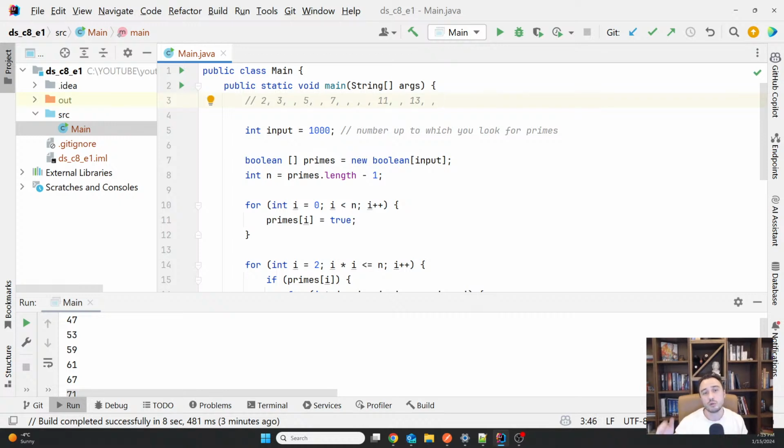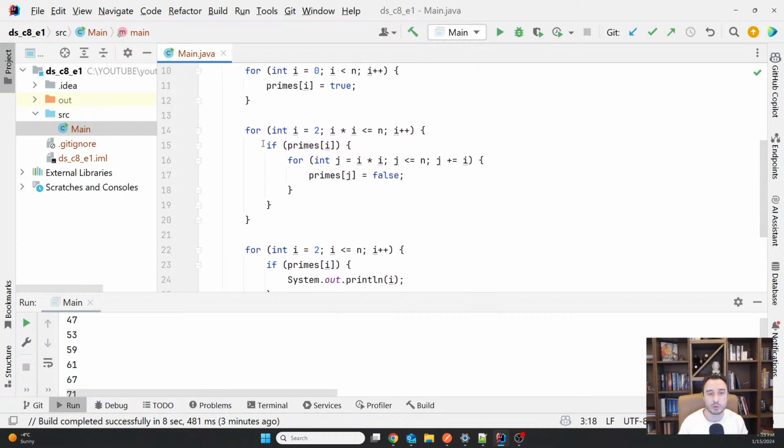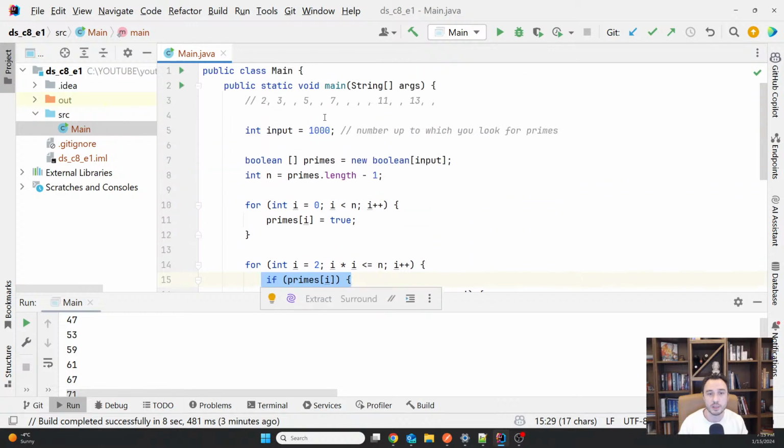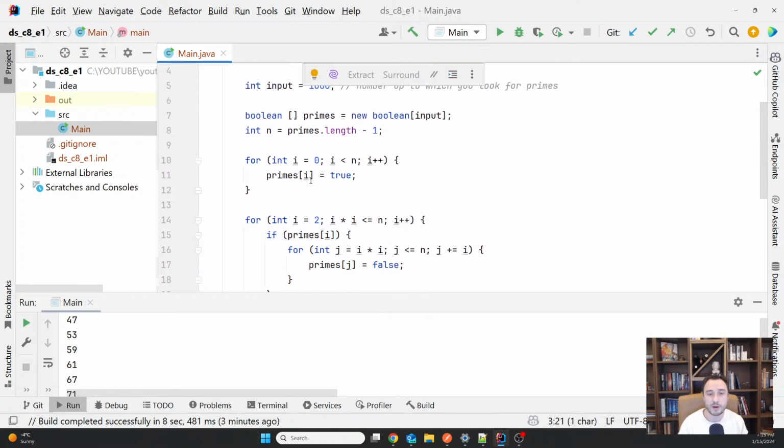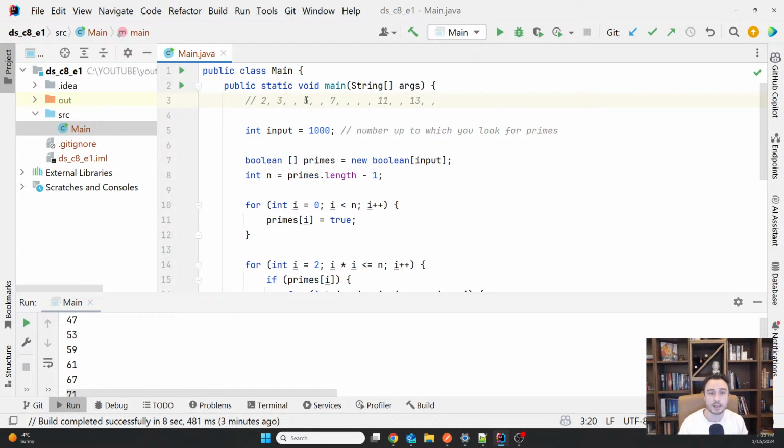So then you do this with all the next prime numbers. So 4 will not be taken into consideration anymore because of this condition. It goes to 5, 5 remains in place, and then automatically it will take out all the others starting with 25. So 25, 30, 35, 40, 45, 50, and so on and so forth.